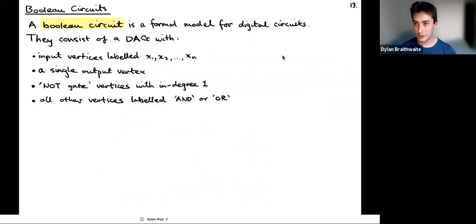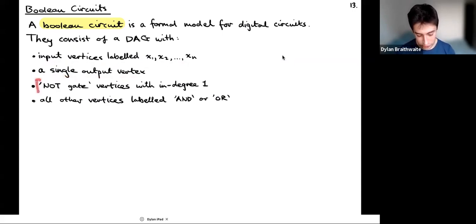Specifically, we want to look at Boolean circuits. These are a formal definition of combinatorial digital circuits that are used a lot in complexity theory. Basically, it's a directed acyclic graph which has some vertices considered as inputs, a single vertex which is the output, and the rest of the vertices are gates.